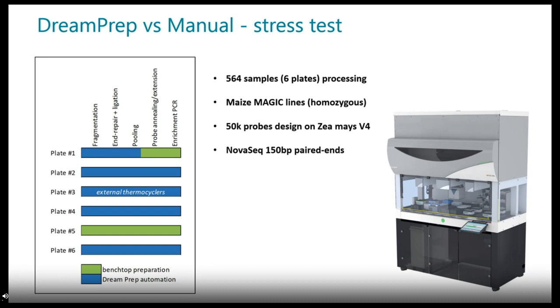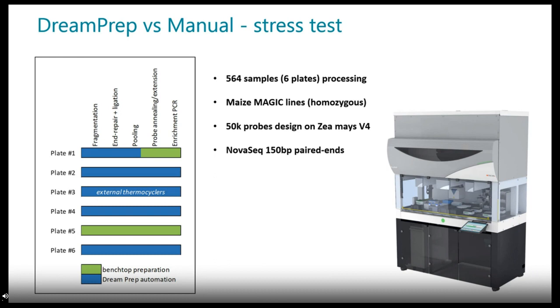So for plate 1, everything was carried out on the deck up to the pooling stage, and then we moved the rest of the processing outside of the deck, that is, on the bench. For plates 2, 4, and 6, we ran everything on the liquid handler, the DreamPrep.